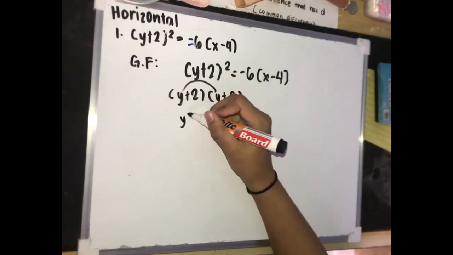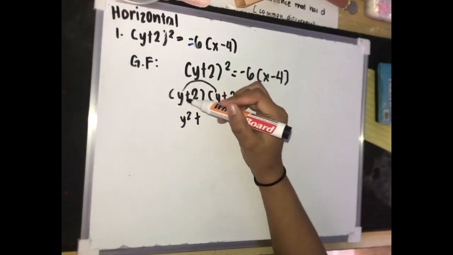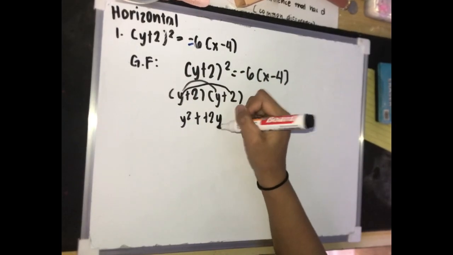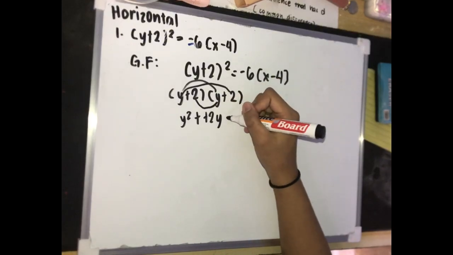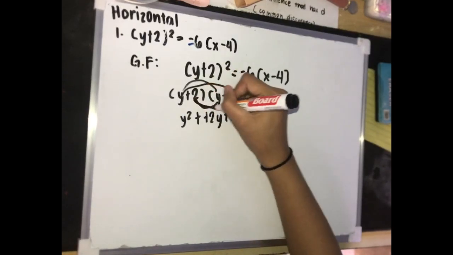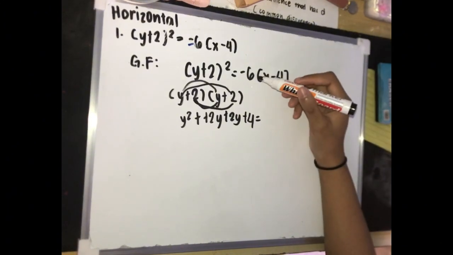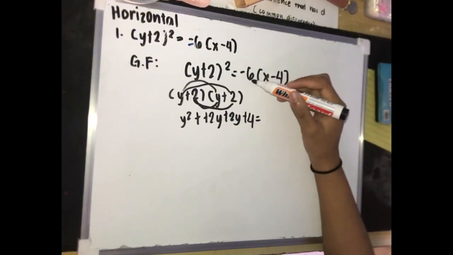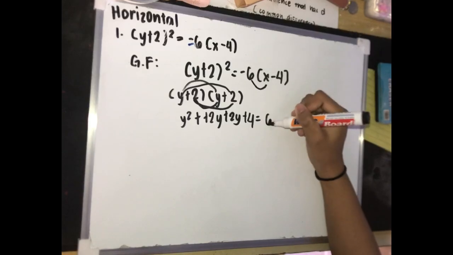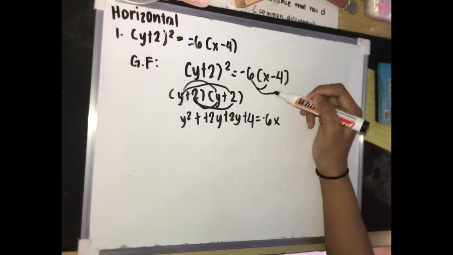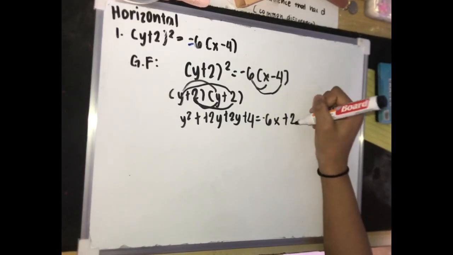Y times y, y squared. Y times 2 is 2y. And 2 times y is 2y also. And 2 times 2 is 4. Equal. Sa right side naman, negative 6 times x is negative 6x. And negative 6 times negative 4 is positive 24.